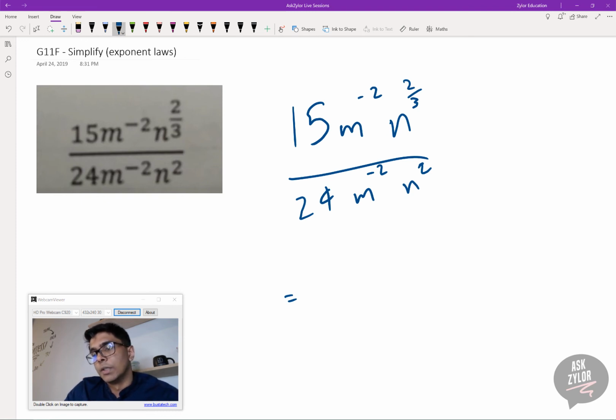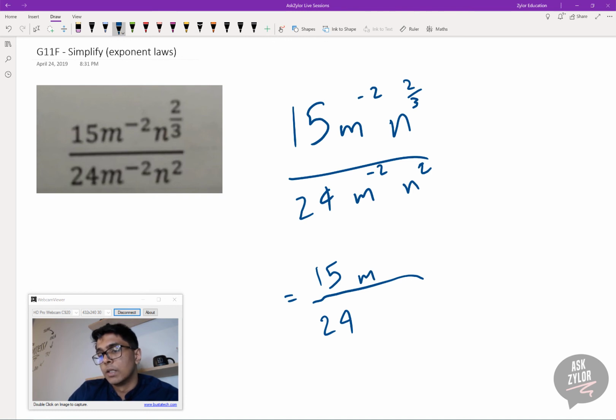Exponent laws are essentially what happens when you have the same base with different exponents either being multiplied or divided. How can I simplify them? The numbers, I'm just going to leave the way they are. But the exponents, I can simplify because I have the same base but different exponents being divided.